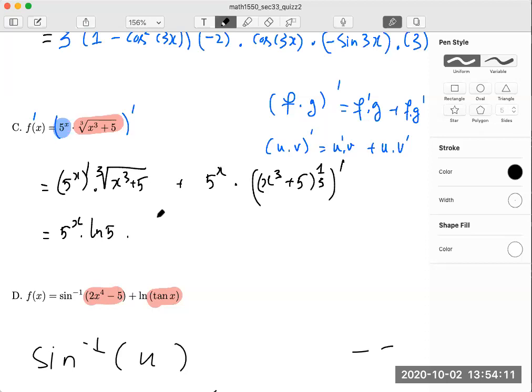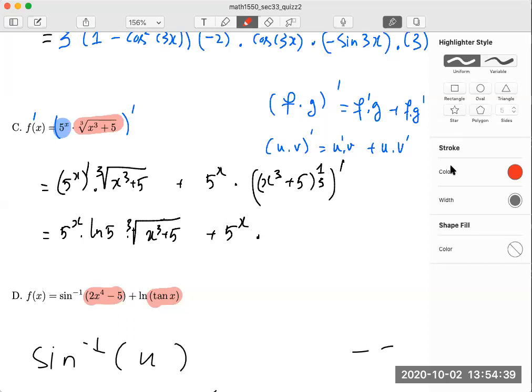And then this one, just rewrite it. And then the second term here, 5 to the x. Again, we can apply the previous formula, u to the n, right? It will be n times u to the n minus 1 times u prime.